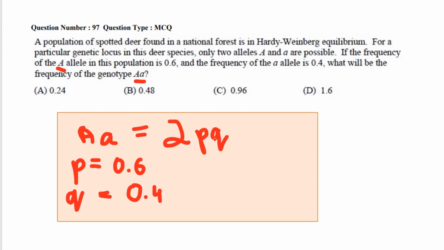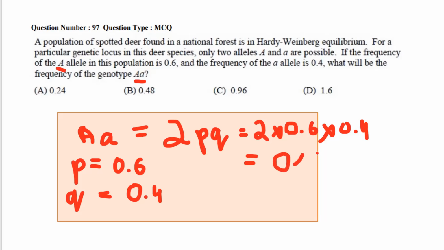Now what we have to do is calculate 2PQ. So we can take 2 into 0.6 into 0.4, and if you calculate this, you will come to 0.48, which is option number B. So this is how you calculate the frequency of different genotypes if you know the allele frequencies.